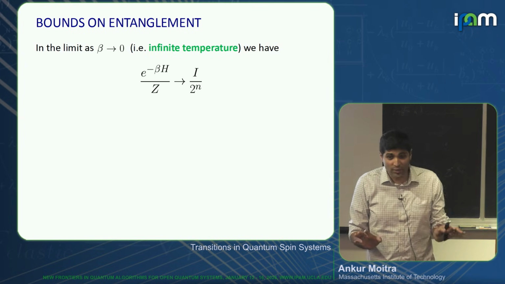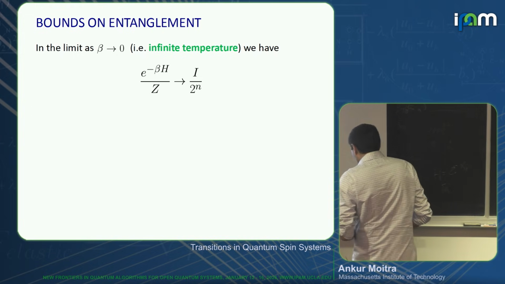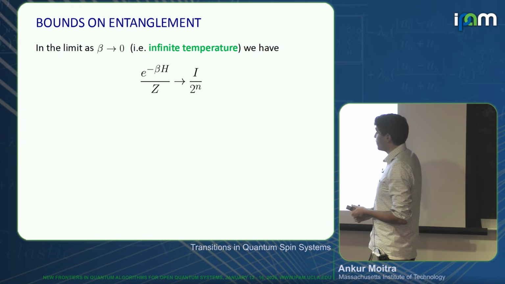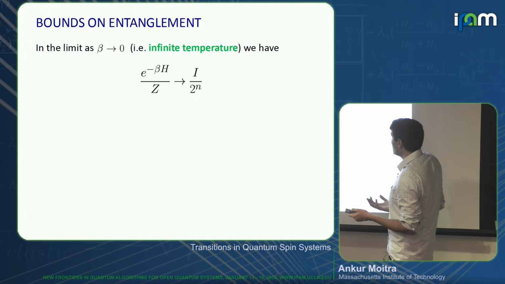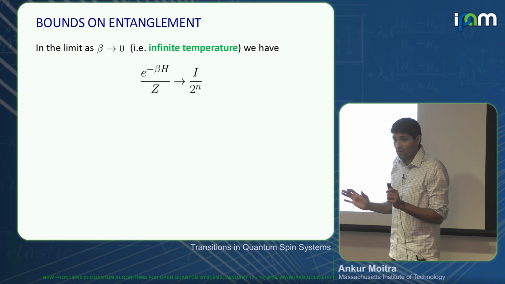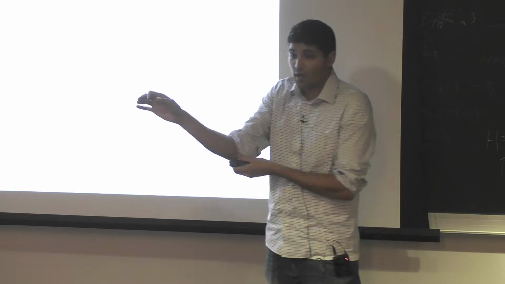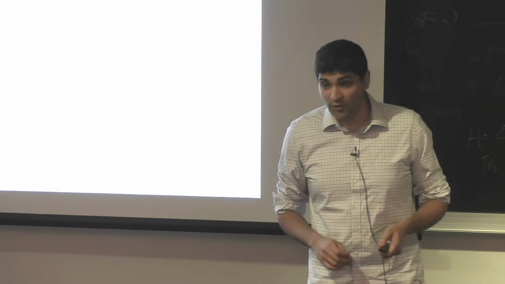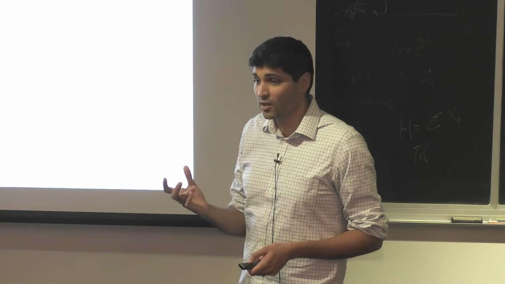So let me say something trivial before we get to the main results. There's always something silly you can say about the relationship between the temperature and entanglement, right? Because you can always send beta to 0. Remember, beta is our inverse temperature. So what we're doing is we're setting the temperature to infinity. In that case, it's very obvious what happens to the entanglement.